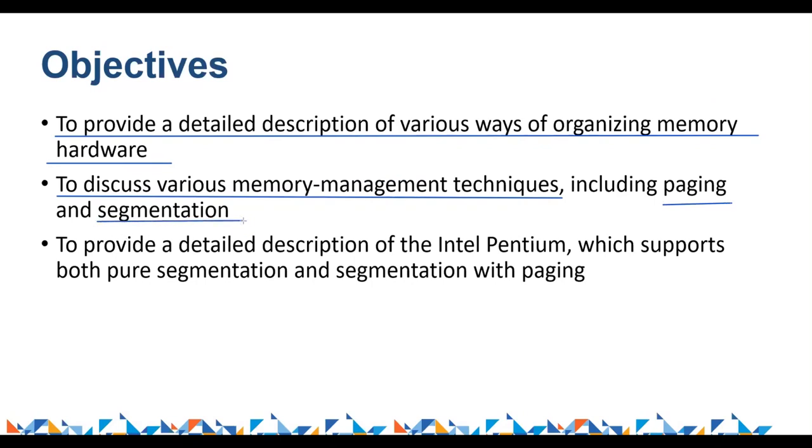As I told you before, paging and segmentation are memory allocation and memory management techniques. We will discuss them in detail, and we will also discuss how segmentation and paging, or segmentation with paging, are handled by some processors, like Intel. So these were the objectives of this chapter.